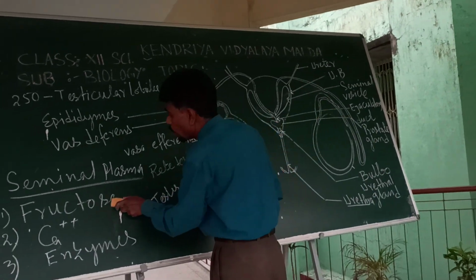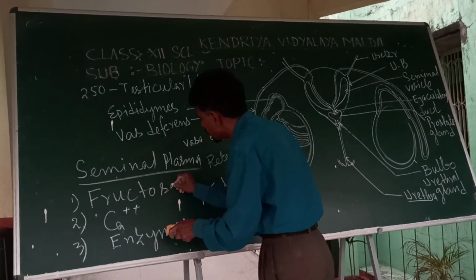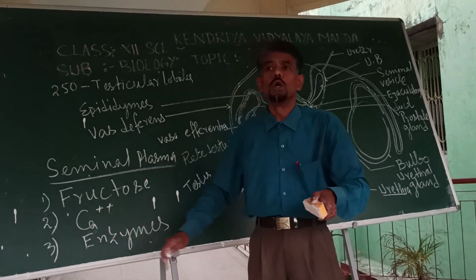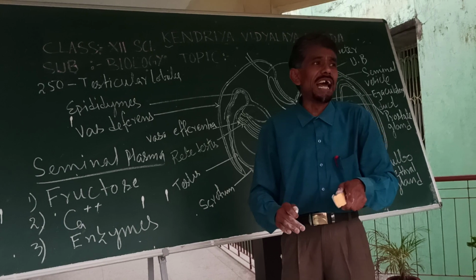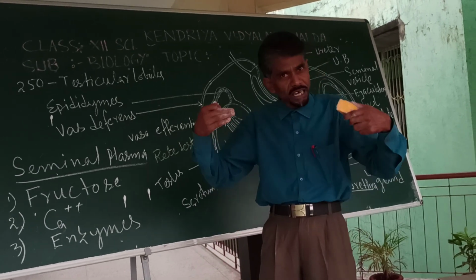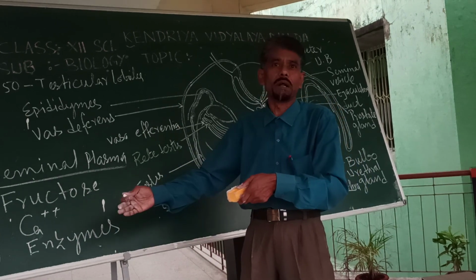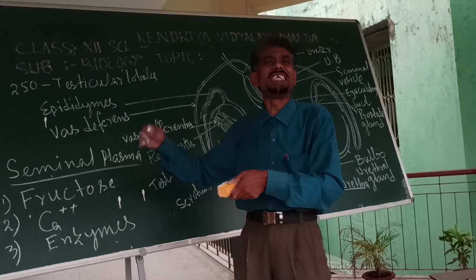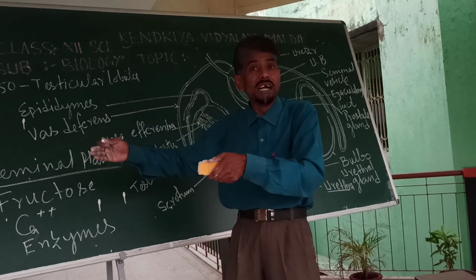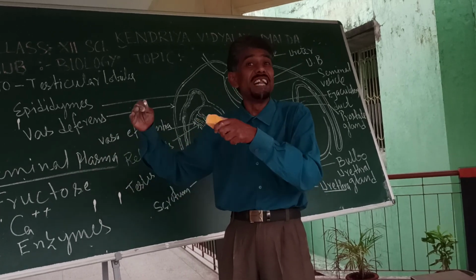It is the fructose which supplies the nutritional requirement. It is the calcium which makes an alkaline ambient. This alkaline ambient helps when the sperm is injected into the female reproductive tract, because the medium of the female reproductive tract is highly acidic.